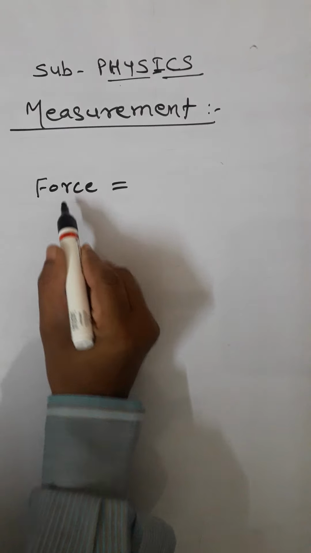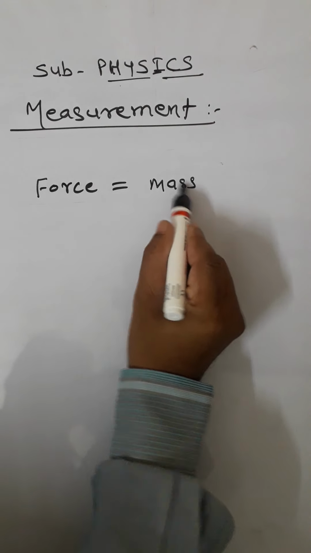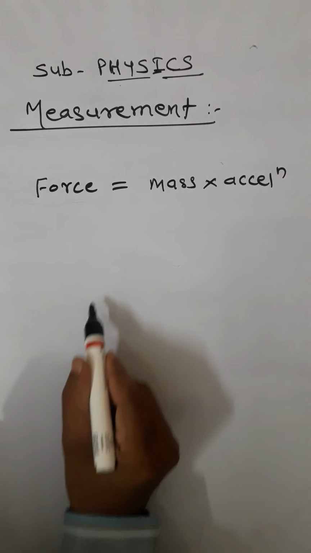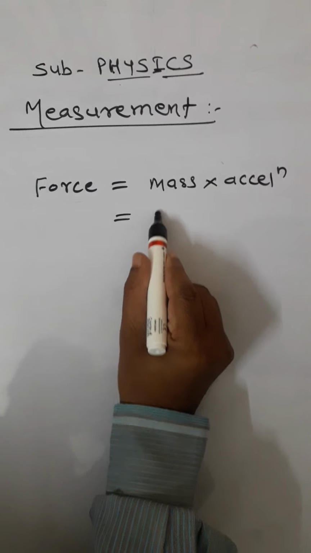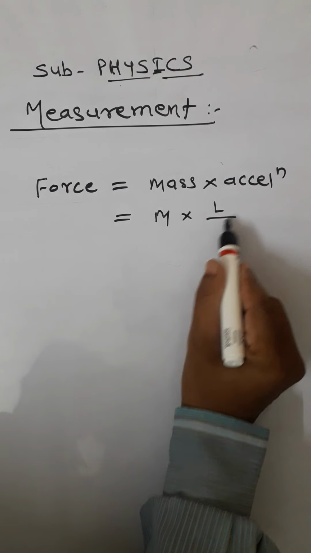First of all, we have to know what is meant by the force. Force is nothing but what? It is the product of mass into acceleration. Therefore we have to take here mass, that is nothing but the m, and acceleration, we know from previous terms, is L by t square. This is the L upon t square.